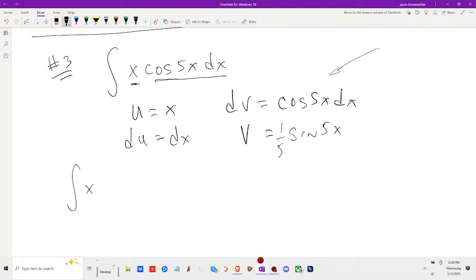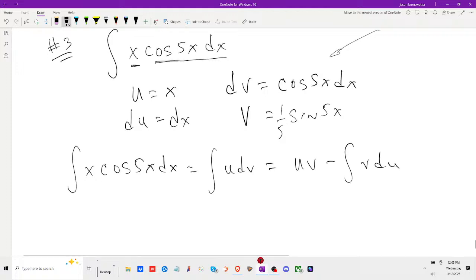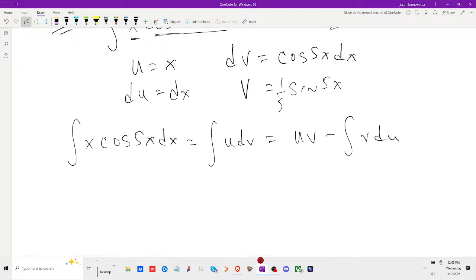The integral we're interested in, x cosine 5x dx, represents the u dv in my integration by parts formula. And the u dv is equal to uv minus the integral of v du. Okay, so now I'm going to write those things in. uv is x over 5 sine 5x, and then minus the integral of v du.